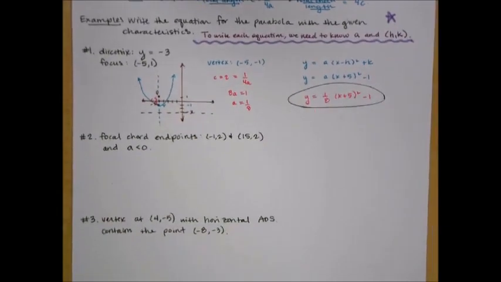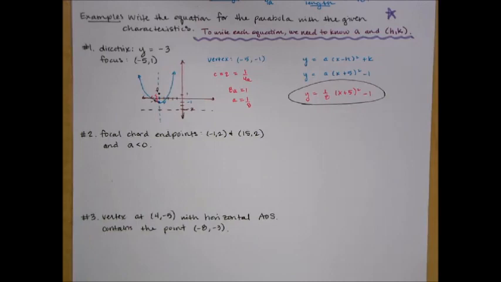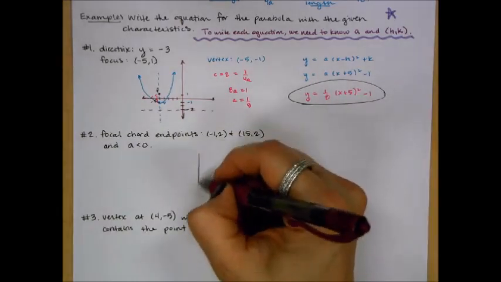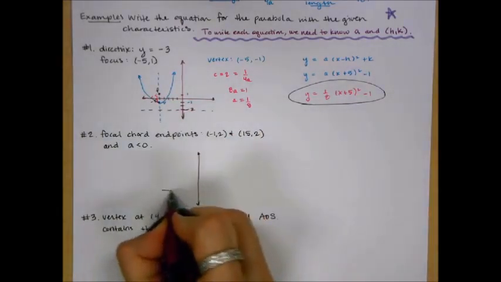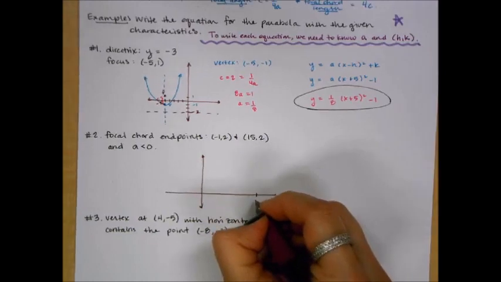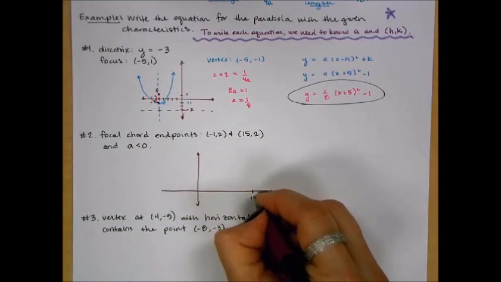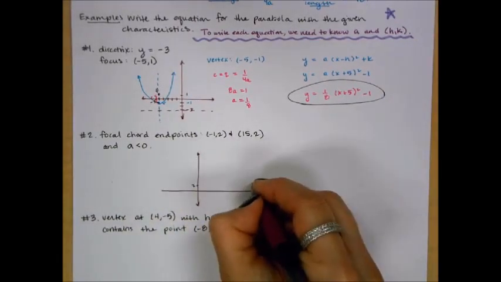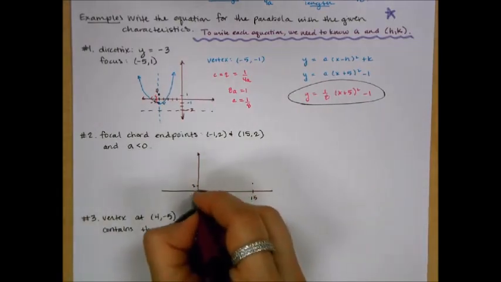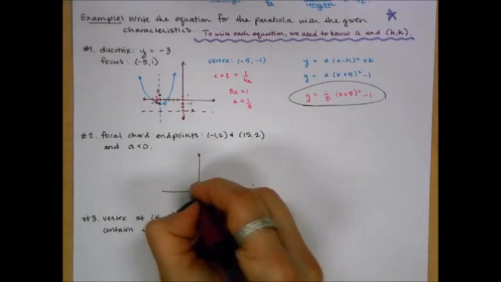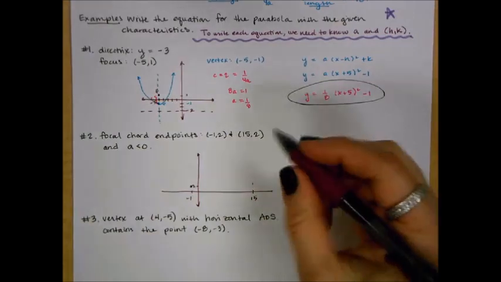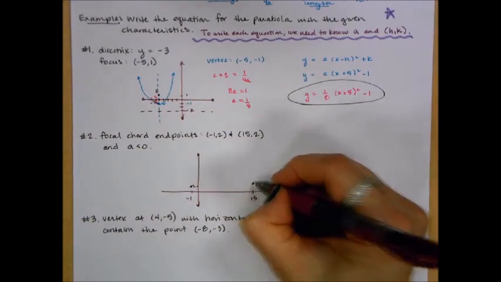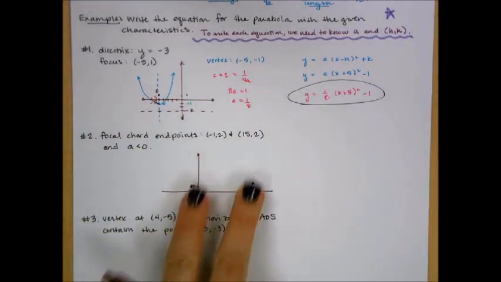Number 2 gives you the coordinate pairs for focal chord endpoints and tells you that a will be negative. So we'll start with a sketch here. I have a point at (15, 2) and another point at (-1, 2). These are endpoints of the focal chord, so they are actually coordinate pairs that exist on my parabola.